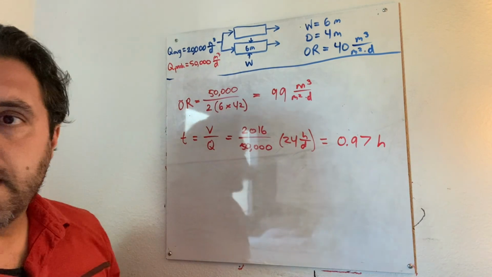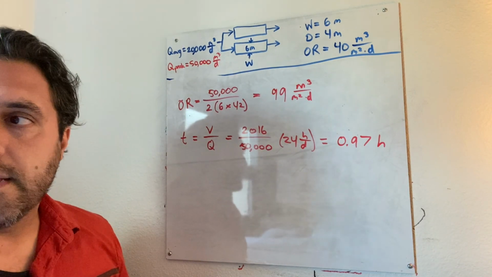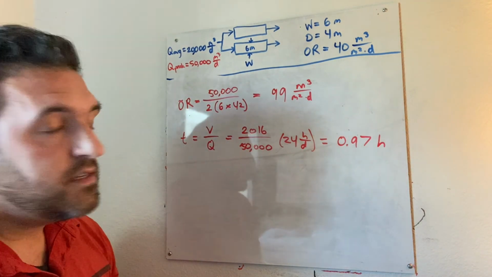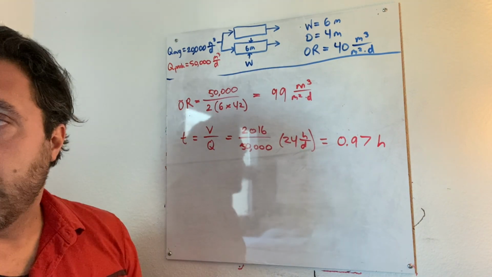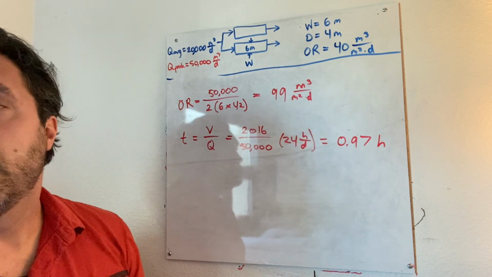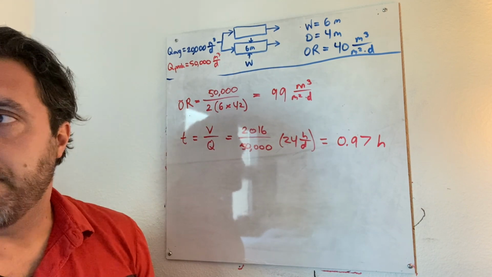Next step is we want to calculate the scouring velocity to see if it's within an appropriate level as well, so that it's not going to resuspend some of the particles that we've settled out.